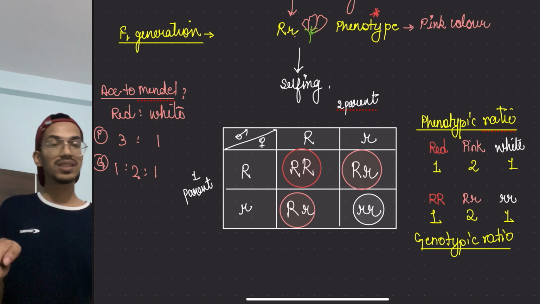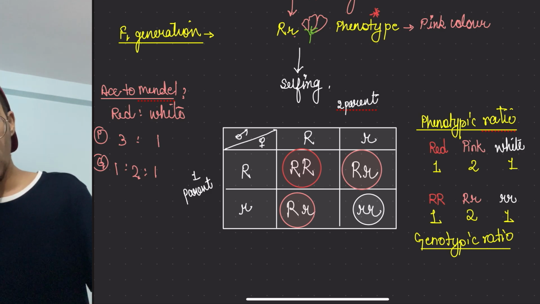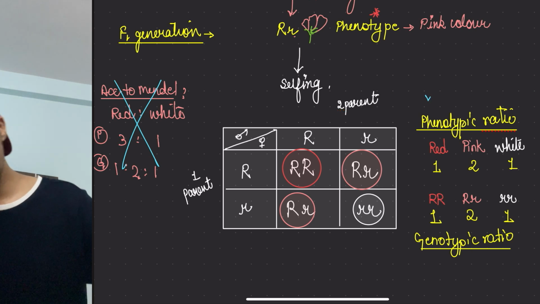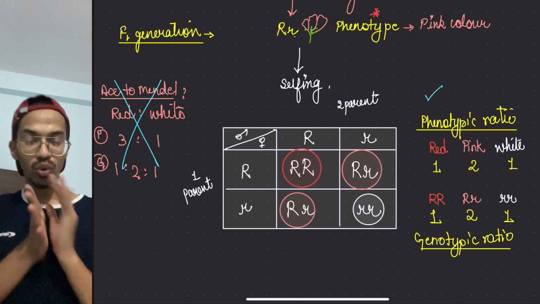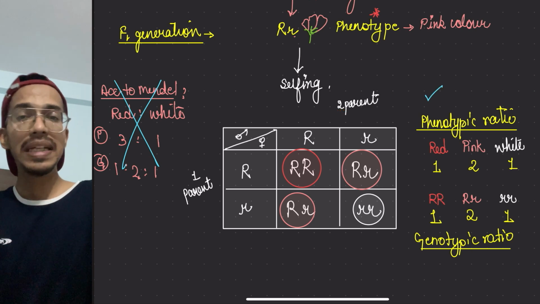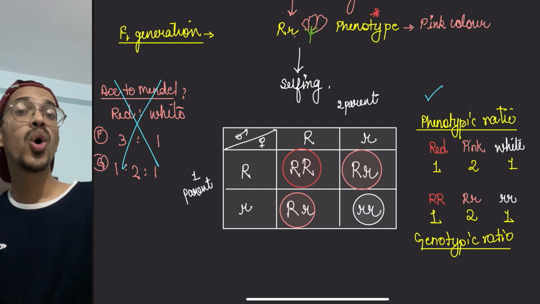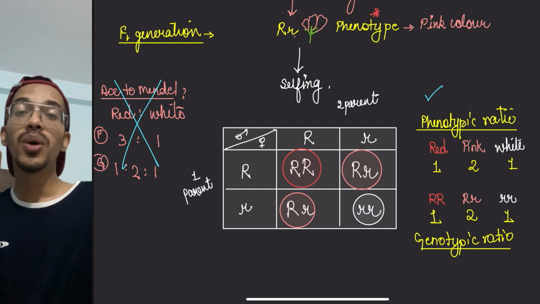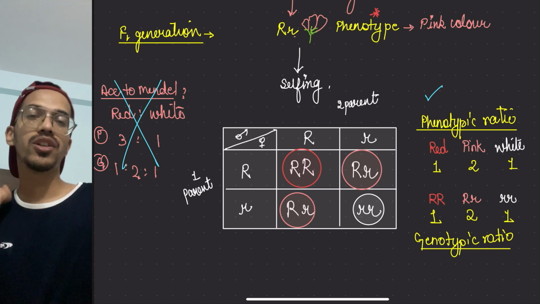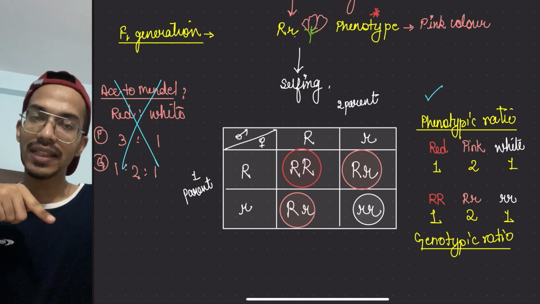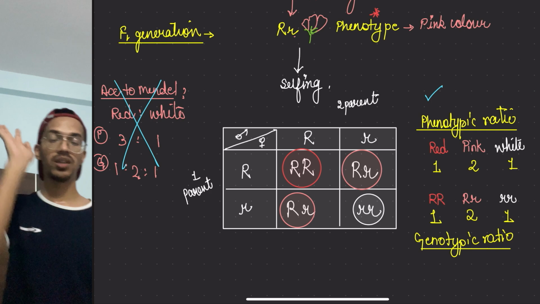But this never happened. What never happened, beta? This never happened. This happened. Means over here, when incomplete dominance is there, then phenotypic and genotypic ratio will not match the monohybrid cross. It will be like this, 1:2:1.